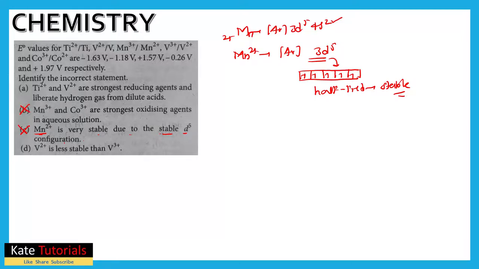So this is not our option, B and C. Let us talk about A. Titanium 2+ and vanadium 2+ are strong reducing agents.